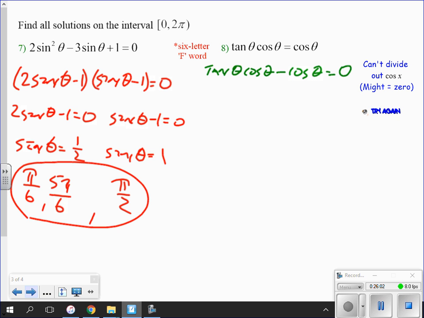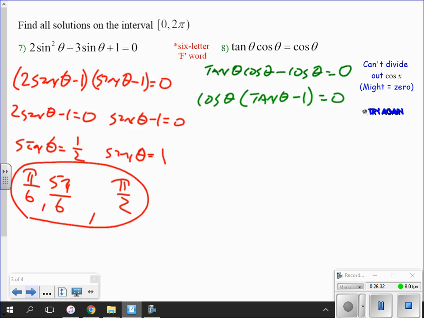What do I factor? Factor out the cosine. What do I have that's the same in both terms? Common factor. Pull out the common factor. So I have the cosine of theta times tangent theta minus 1 is equal to 0.